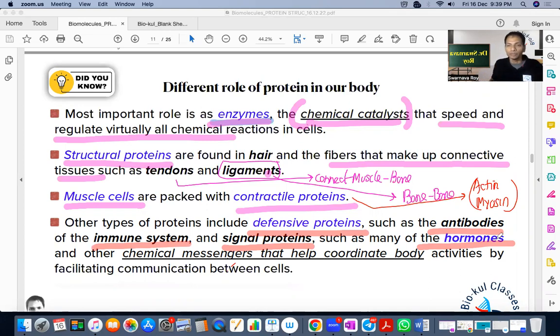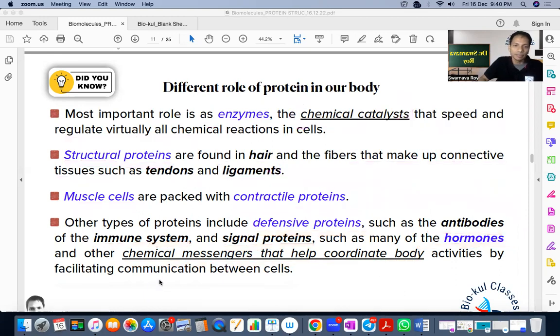Hormones help in communication between different organs. Hormones are carried through the blood, and then they go to the target organs and execute different functions. So these hormones are helping in control and coordination in the human body. Other chemical messengers that help coordinate the body are also made up of proteins. So that is the function of proteins.